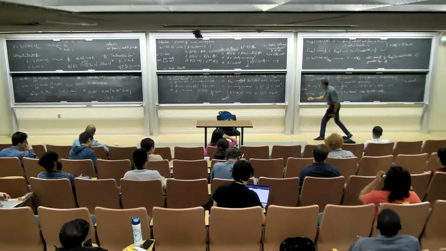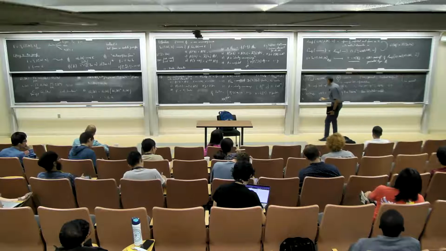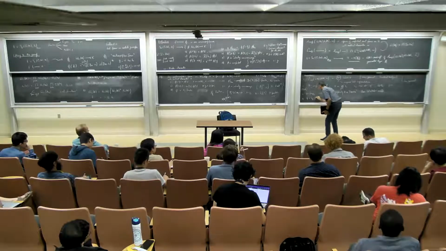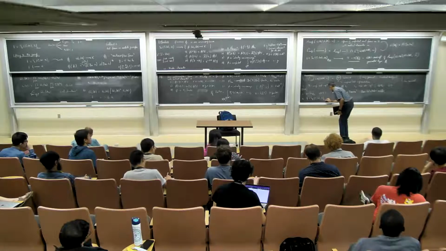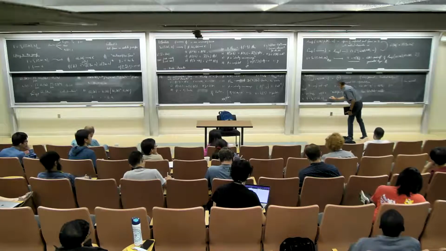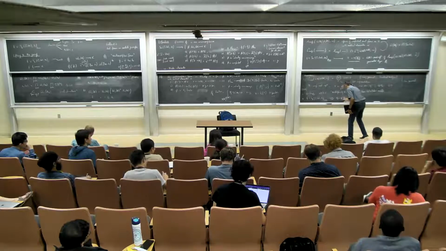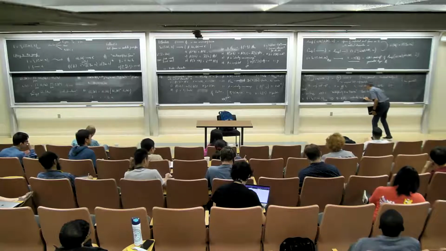And this representation, so f is now weight k, level N, character chi, primitive. We need primitive at this stage. Then pi is an irreducible cuspidal automorphic representation.